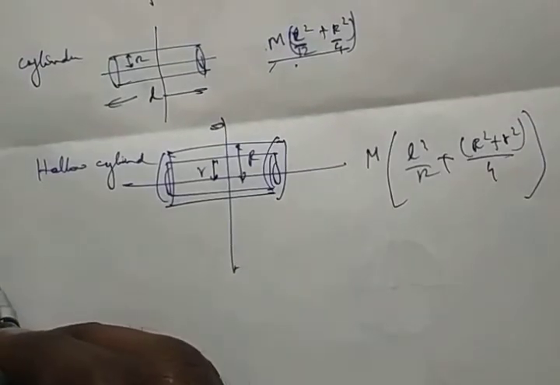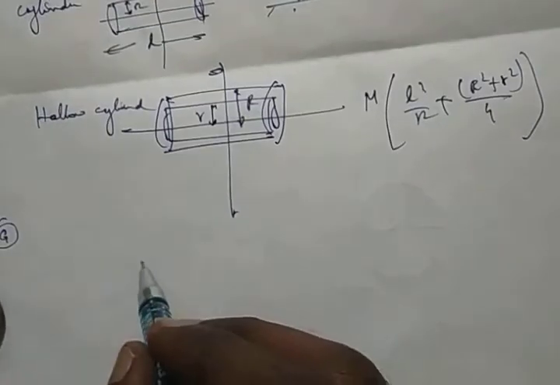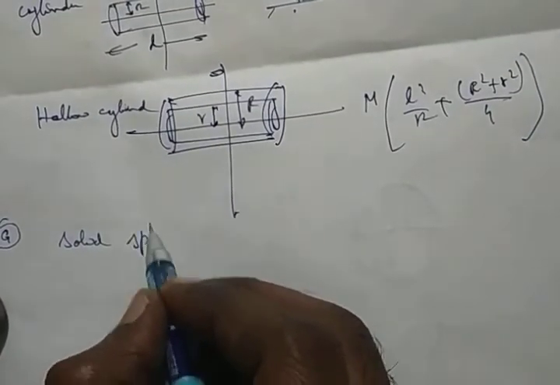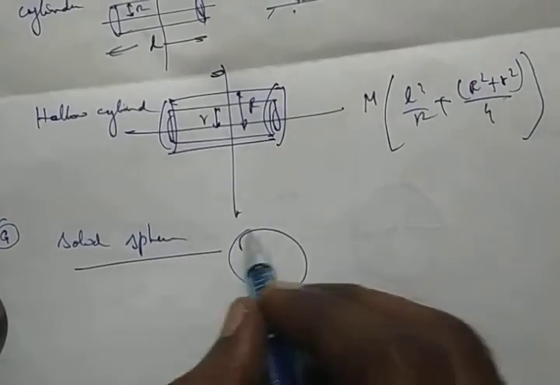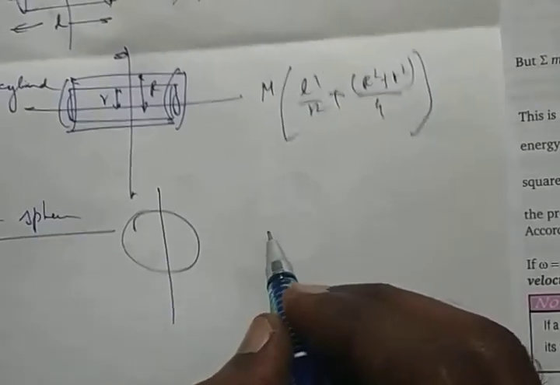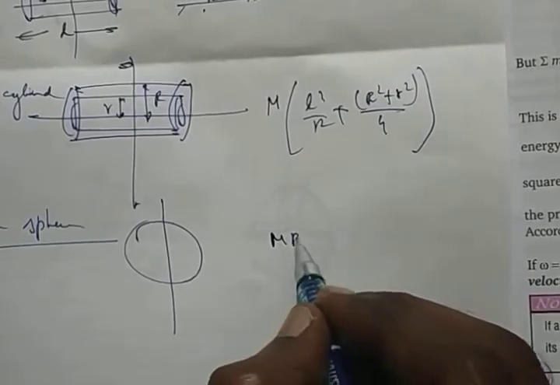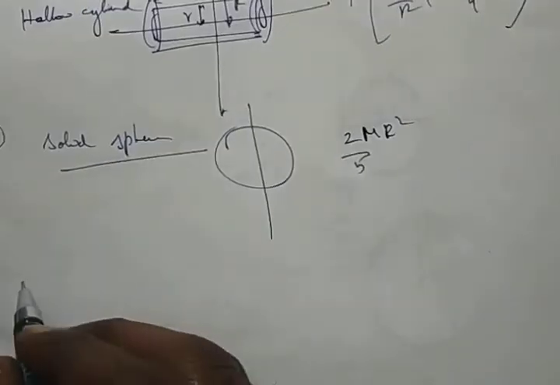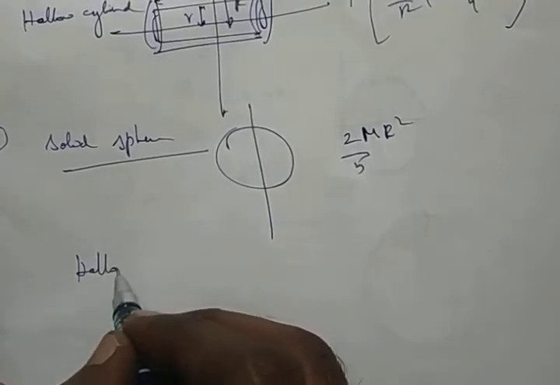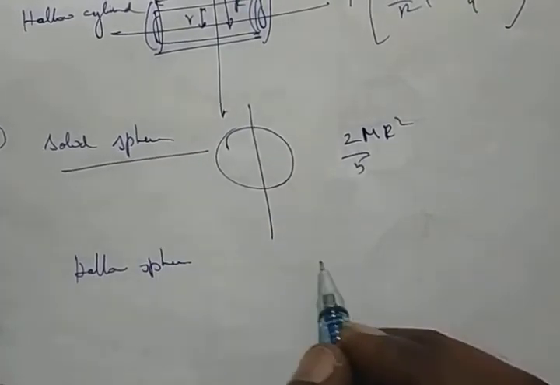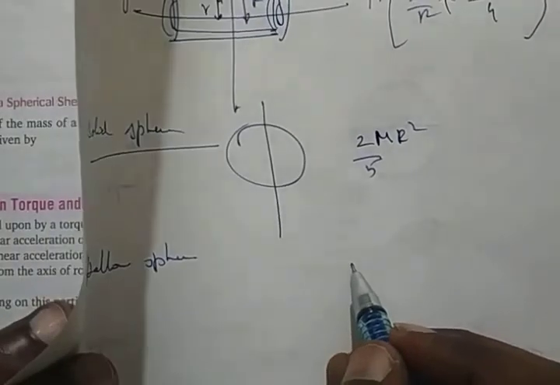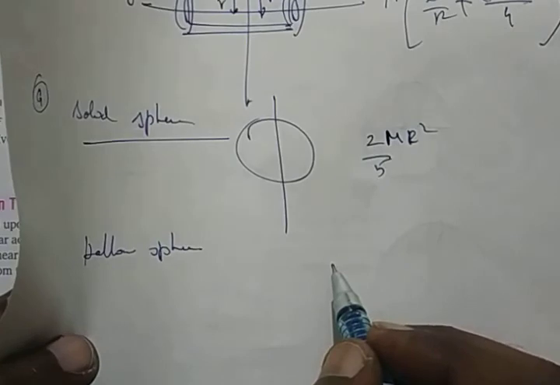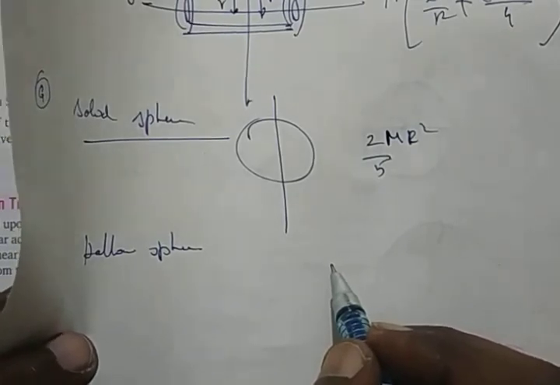And then G, it is a solid sphere. So it's going to be 2 by 5 mr square. And the hollow sphere: a bit of difference is there, about the diameter and about the spherical shell.